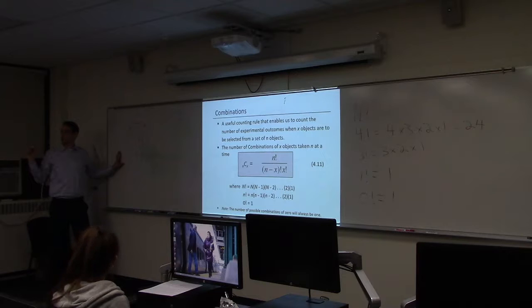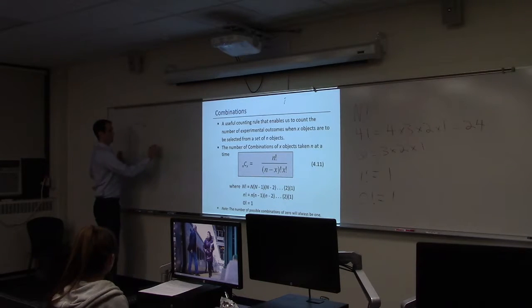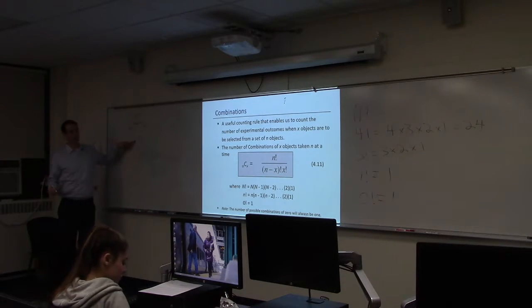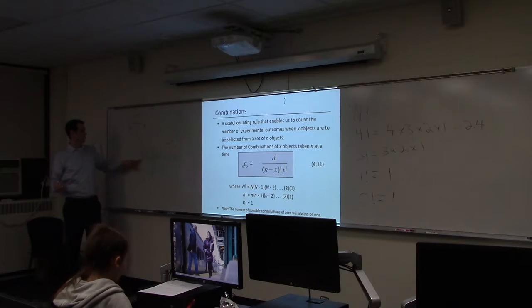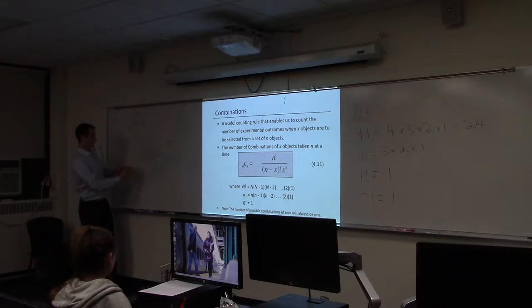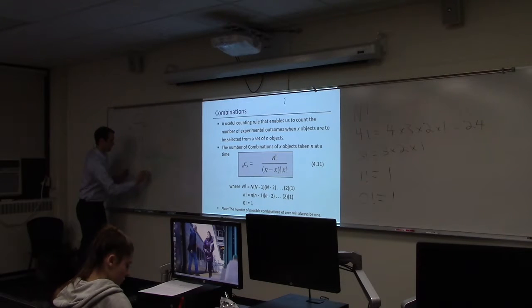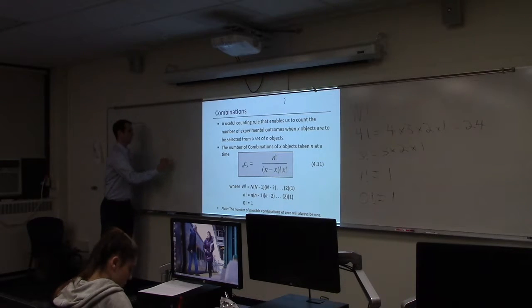Does everyone agree with me so far? All right, so what's 4 factorial? 24, I like it. And what's 4 minus 2? 2. And what's 2 factorial? 2. Yeah, 2 factorial is 2. So this breaks down to 2 factorial times 2 factorial. So 2 times 2 is 4. So we've got 4 in the denominator.